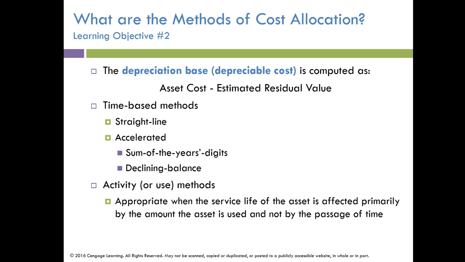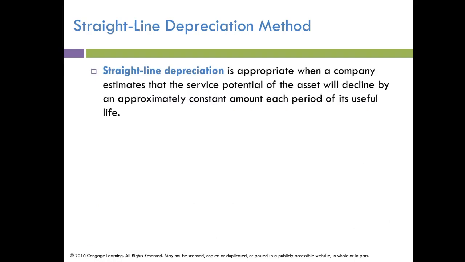Then we can employ a number of depreciation methods. We can use the straight line, or there are a couple of accelerated depreciation methods, and these are based on time. Or we can use activity-based, machine hours, units of production, or something similar. And we can do either group or composite.